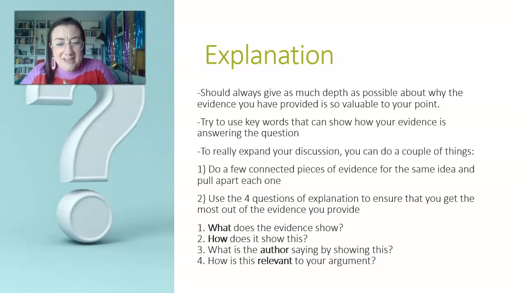What is the author saying by showing this? So why does the author want me to know that Jimmy is lonely? He's wanting to say that loneliness is a universal experience that everybody goes through at some point in their lives. The author wants me to know that even Jimmys can feel lonely. I don't know. So what is the author saying by showing this? What's the deeper message about it?